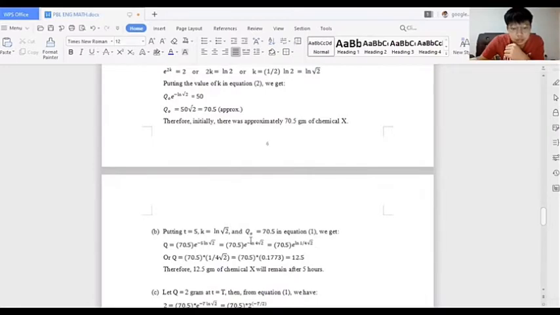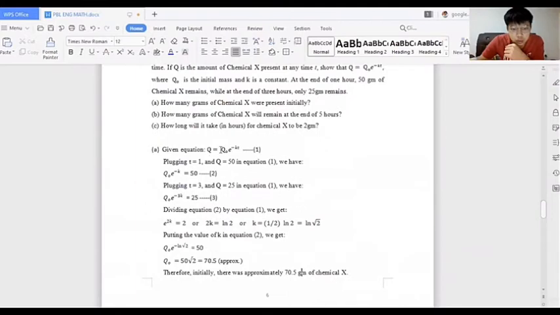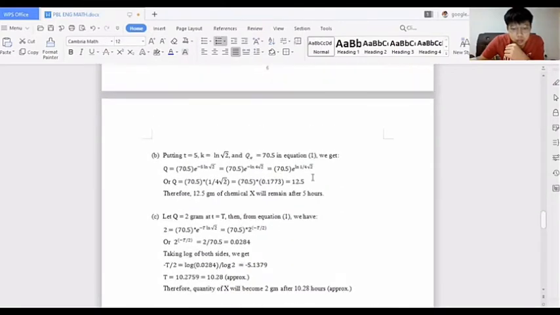We sub all this information into this formula, and we will get Q equal to 12.5. Therefore, 12.5 grams of chemical X will remain after 5 hours. This is the answer for B.